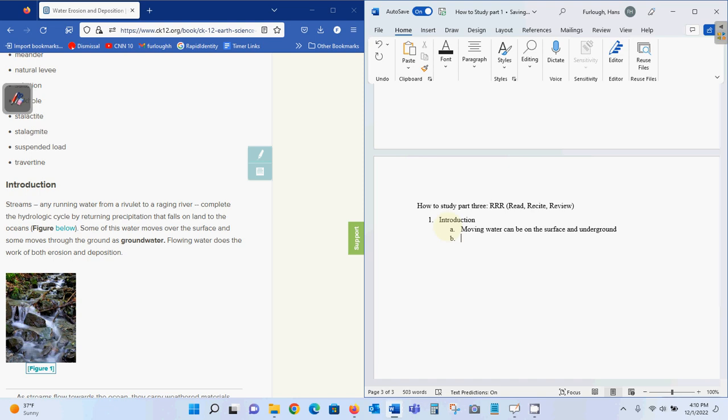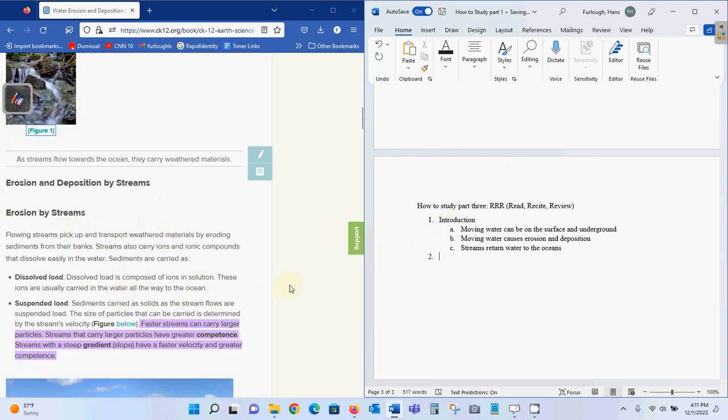And then I would also say that moving or flowing water causes erosion and deposition. All right. And you might say something about streams return water to the oceans. All rivers eventually flow to the ocean.